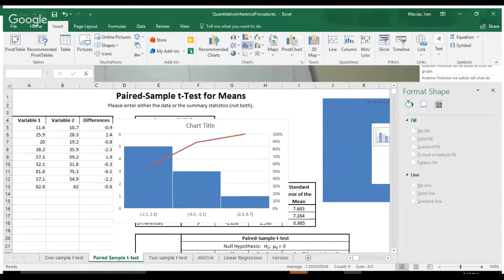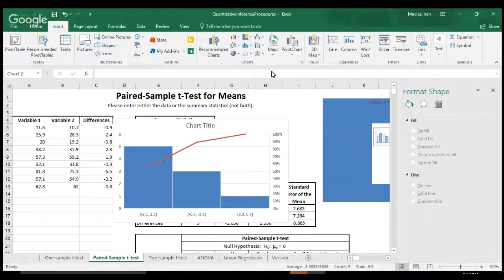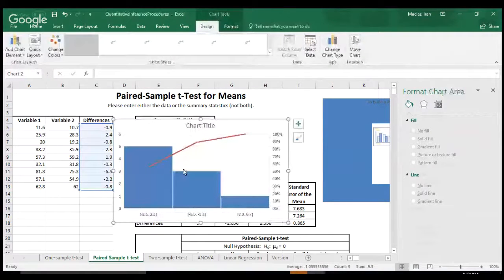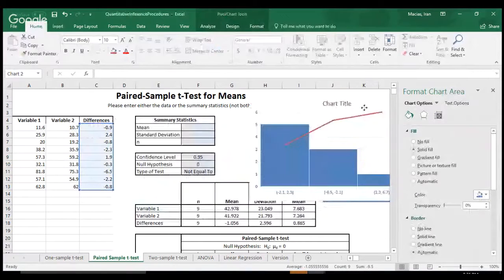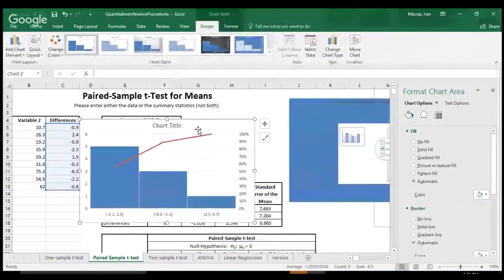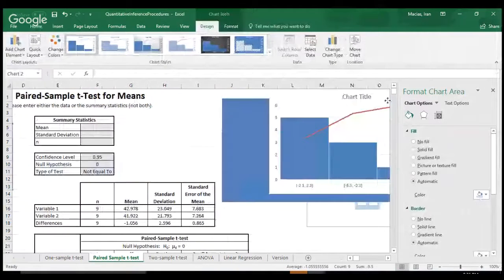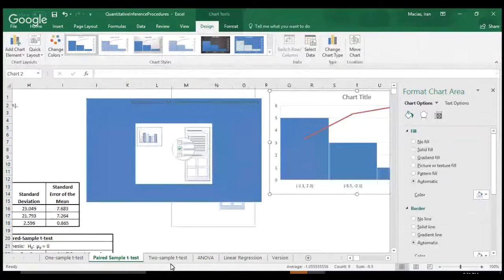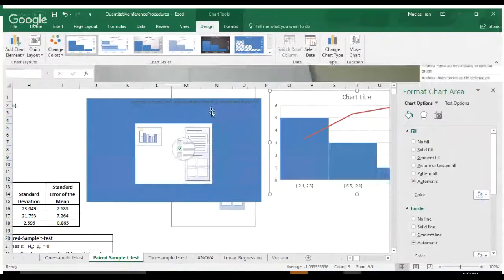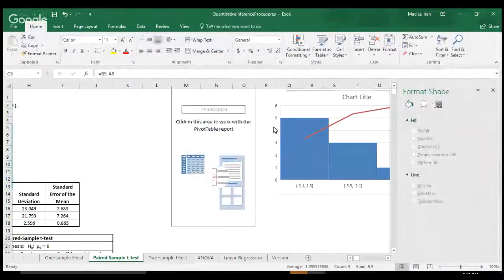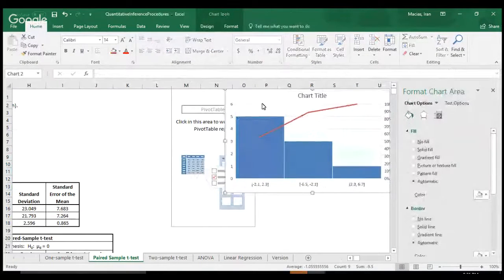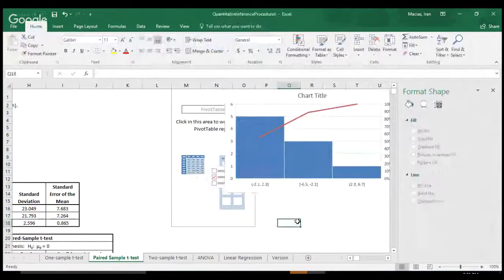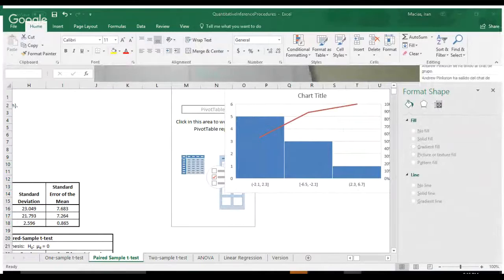It's like this, right? Yeah. Awesome. Okay, it's that one, right? Yeah. Okay, perfect.